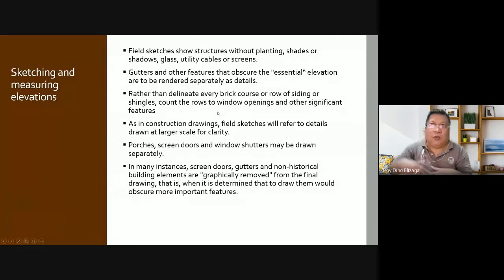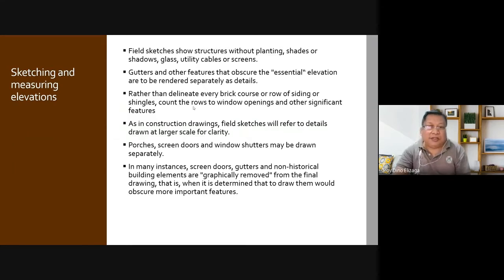For example, in a window there may be 12 levels of bricks. Along that window opening, you don't have to draw all 12. Just make a few drawings and indicate 12 rows, or make a dimension for the windows and also include 12 rows of bricks. So at least fewer lines.